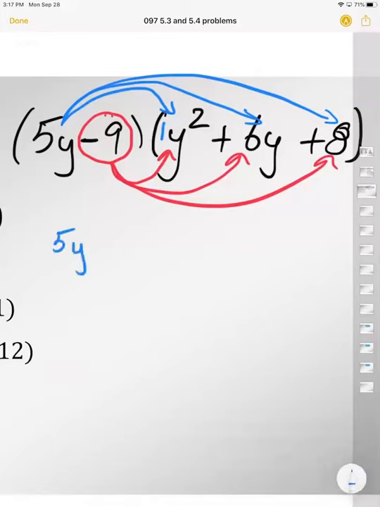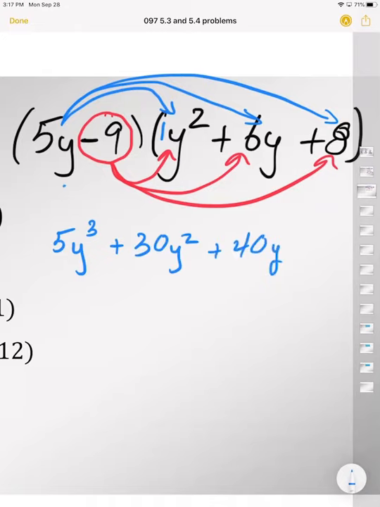Y times y squared will give me y to the third. Again, the only thing different from the previous one is instead of x it's y now. 5 times 6 gives me 30. Y times y gives me y squared. And 5 times 8 gives me 40. And bring down my y because there's a y here.